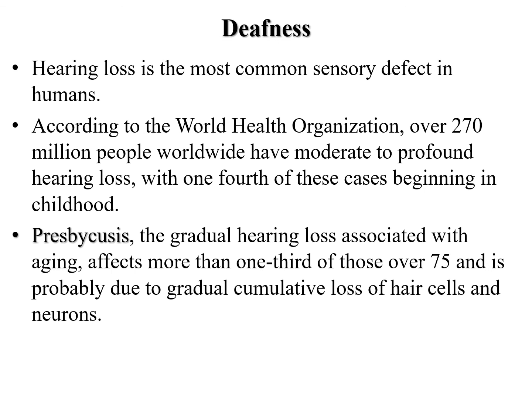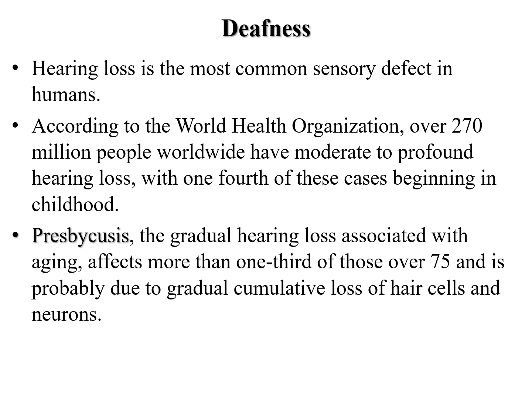Here I would like to mention that this age of 75 years has come down. It has come down to 70 years. Now it has been found that over 1/3 of those who survive above 70 years have some variety of presbycusis.